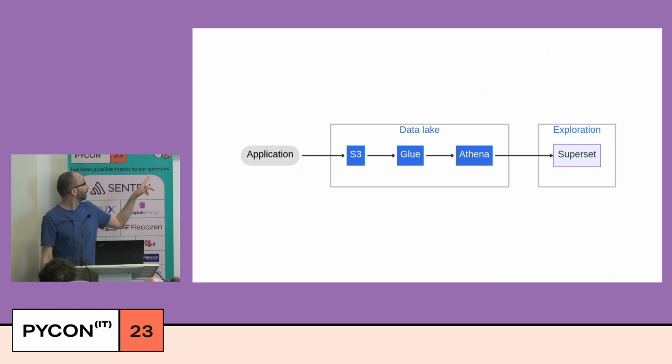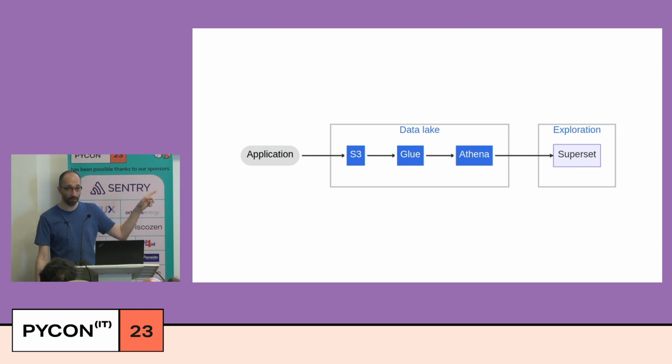So let's take a look at the data lake. First, we have AWS S3, which we use as storage for the files uploaded by the application. Then we have Glue, which is an AWS service used to map the content we put on S3 to a collection of data. Imagine that, in the end, it's like a database table.